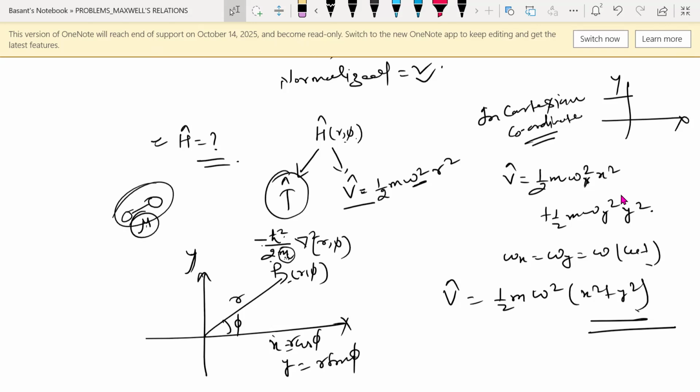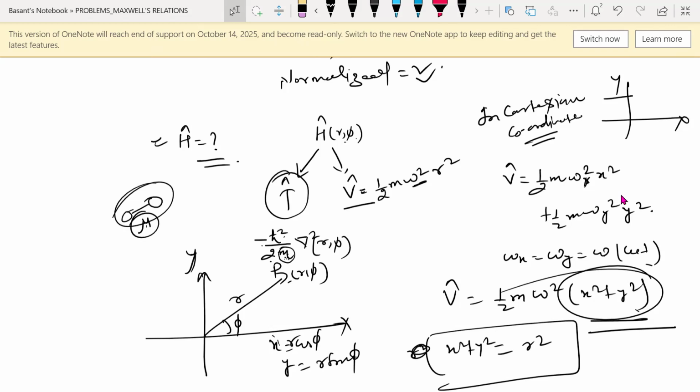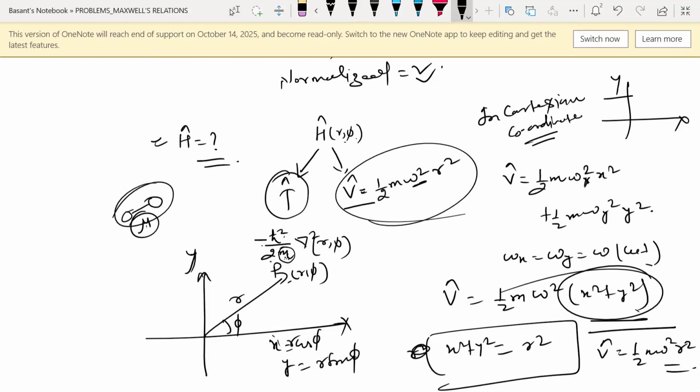By squaring and summing these two parts, x squared and y squared, the sum gives r squared. So this is replaced by r squared. So V is equal to 1 by 2 m omega squared r squared. So I have written this.